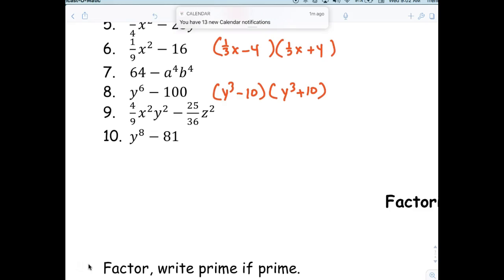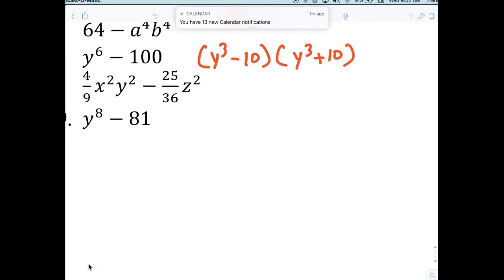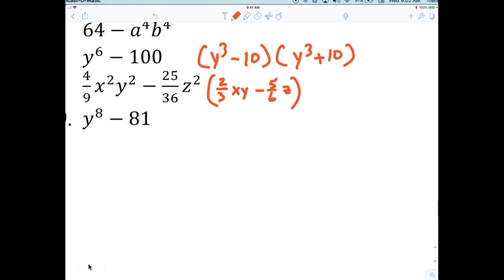What times what is 4/9? 2/3. So number 9 would be 2/3 xy minus 5/6z and 2/3 xy plus 5/6z. It's not hard at all.